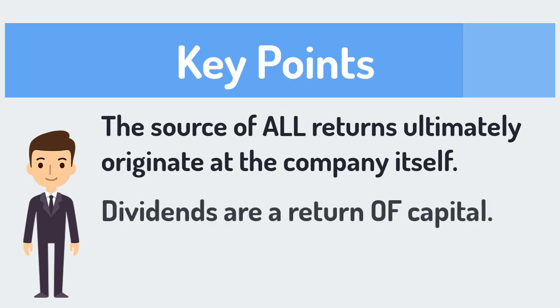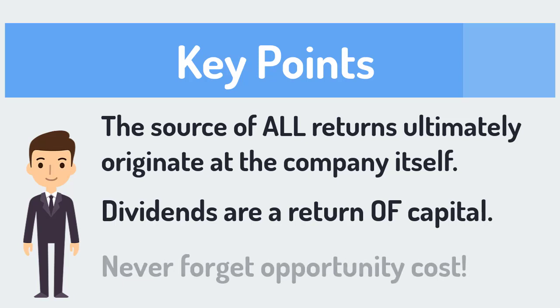Dividends are only a return of capital from the company. Dividends can incur additional tax, and it's always important to think about opportunity cost, both within the company, what kind of opportunities the company would have for reinvestment, especially if you're the manager at that company making the decisions, as well as your own personal capital opportunity costs.